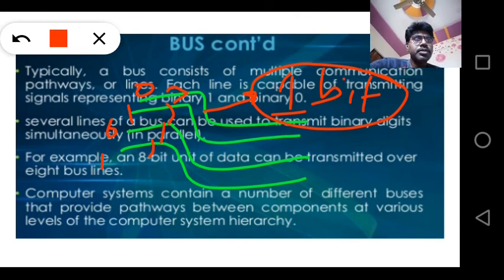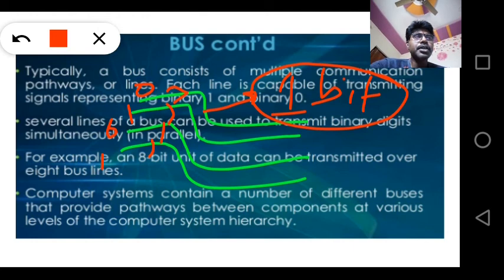Several lines of a bus can be used to transmit binary digits simultaneously. For example, an 8-bit unit of data can be transmitted over 8 bus lines.